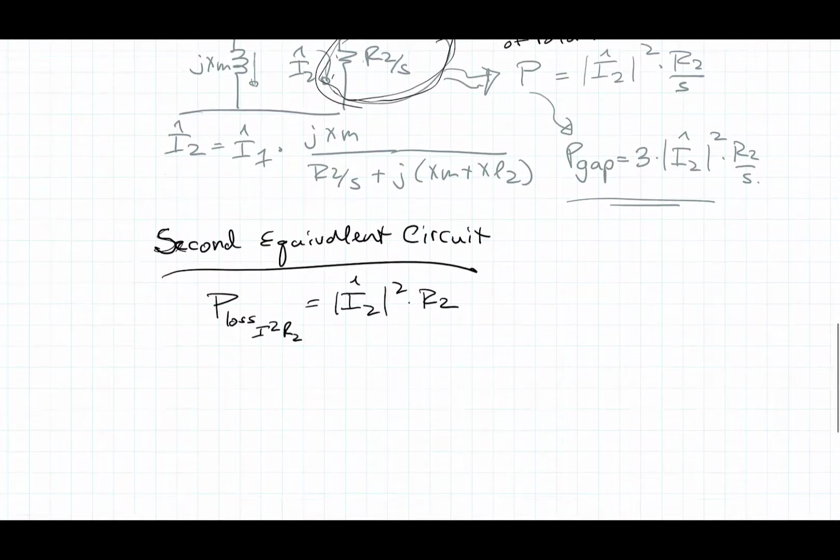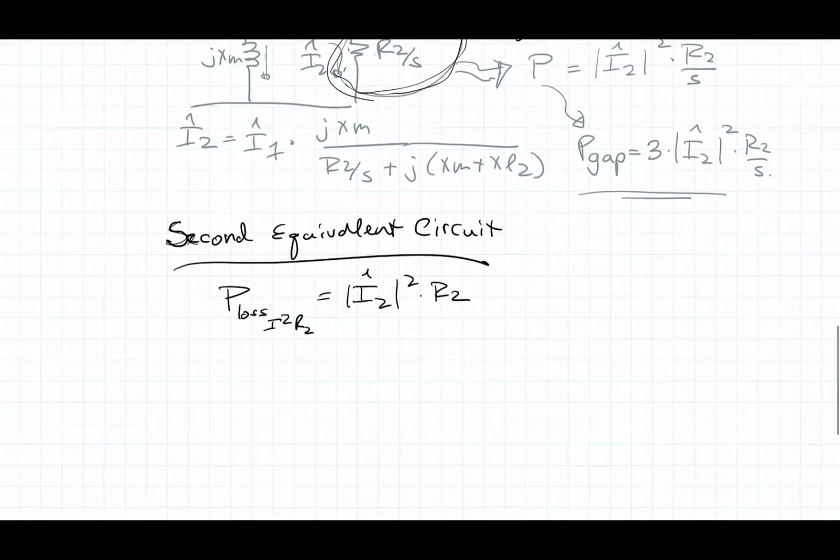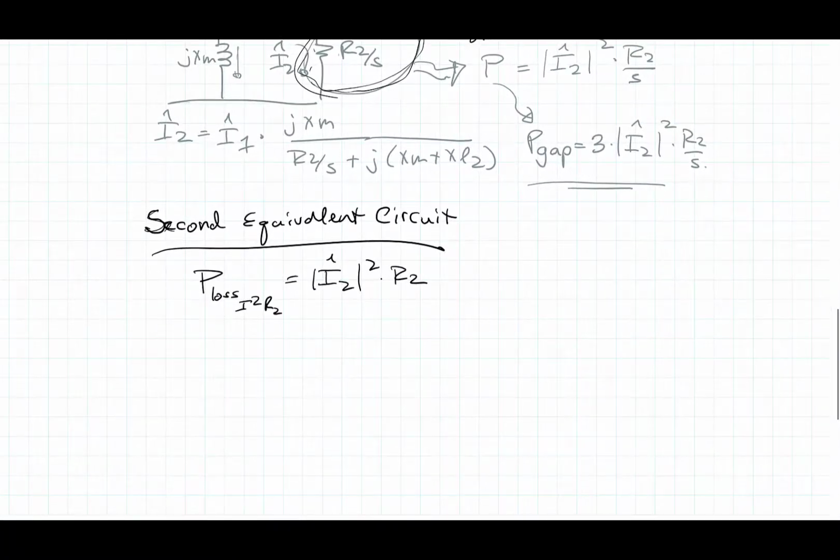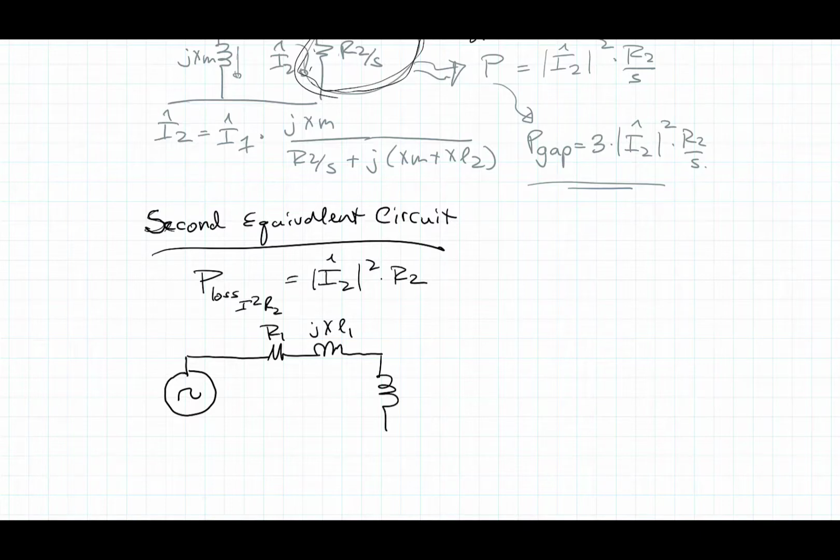So we could easily break this up and we can come up with a new equivalent circuit. That equivalent circuit is going to look like this. Stator looks the same. Magnetizing inductance. The rotor leakage.